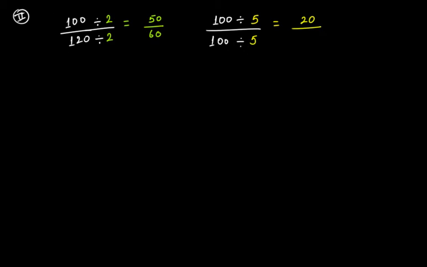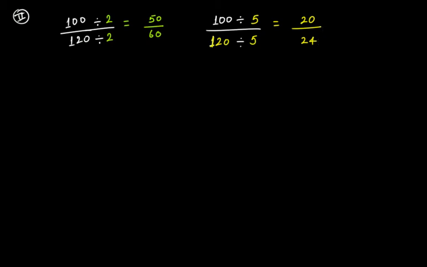Why am I writing the denominator wrong each time? This is 120. If I divide this 120 by 5, I'll get 24. This will be 20 by 24.